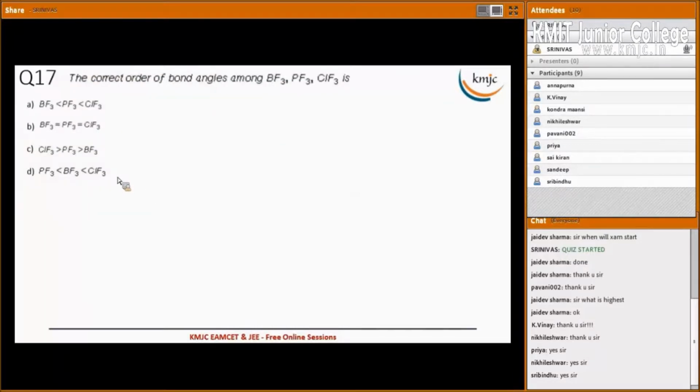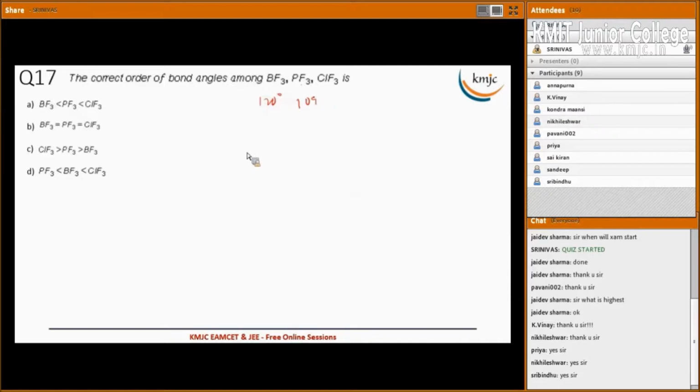the correct order of bond angle among BF3, PF3, ClF3. Okay, so the bond angle of BF3 is 120 degrees, while in the case of PF3 it comes to be 109 degrees, while in the case of ClF3 it is less than that.